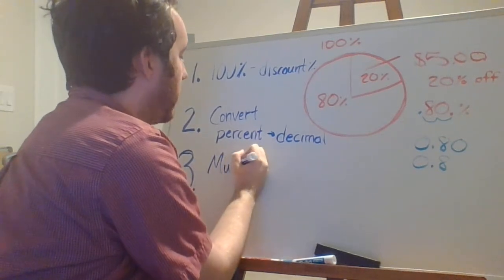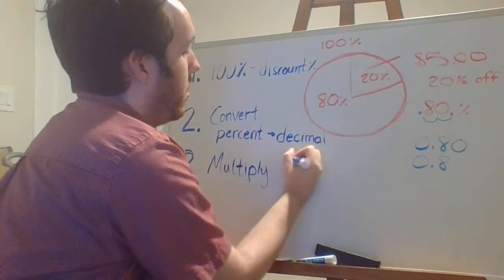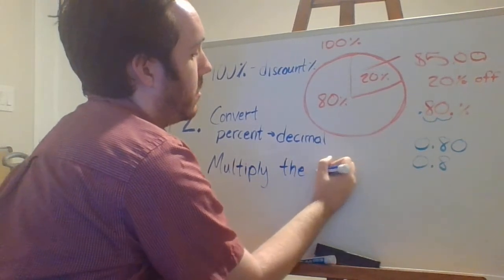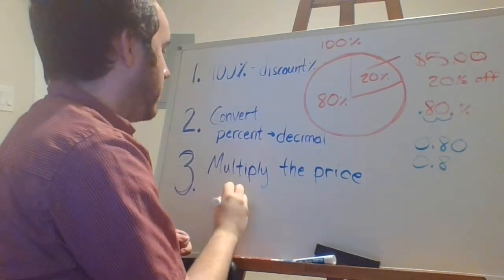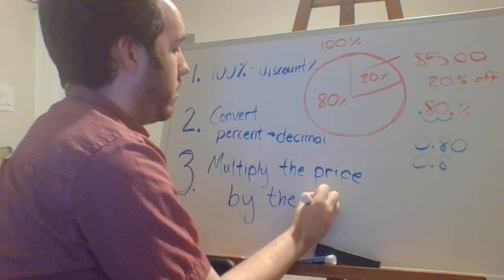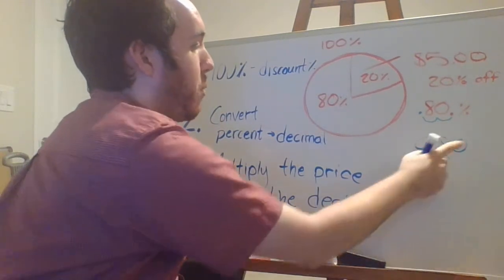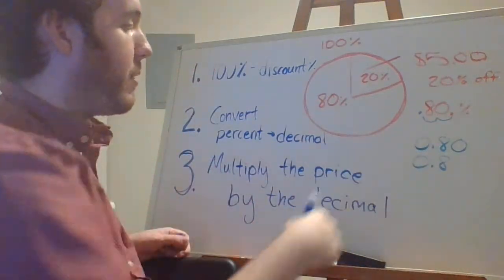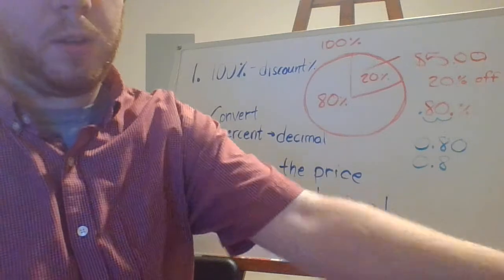So we do multiply the price by the decimal. The decimal we just found. And you can use either 0.80 or 0.8, but you multiply the price by the decimal. And you can use a little calculator here.